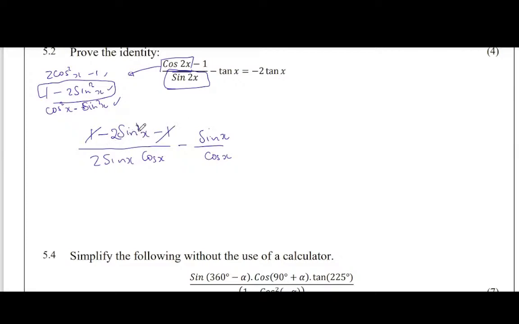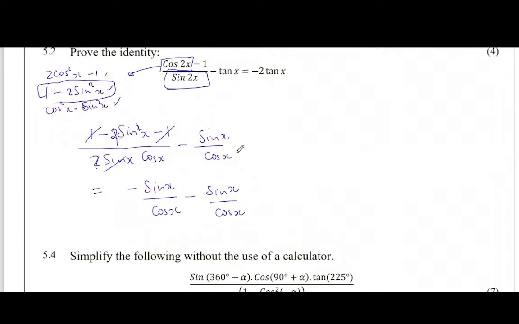So 1 sine squared is going to cancel this 1 sine x. So 1 sine x will cancel 1 sine x, and then the 2 will also cancel the 2. So I'm only going to be left with negative sine x over cos x, and I'm subtracting the sine x over the cos 2x.